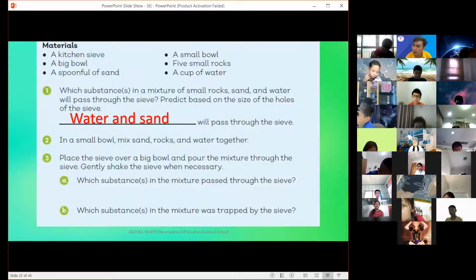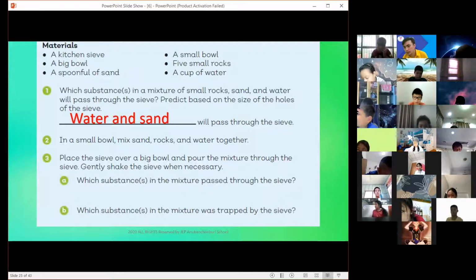Now the question for letter A is, which substance or substances in the mixture pass through the sieve? So Pakrit, go. What is your answer in letter A? Sand and water. Can you answer in a complete sentence, please?